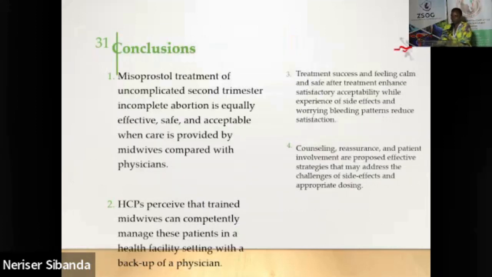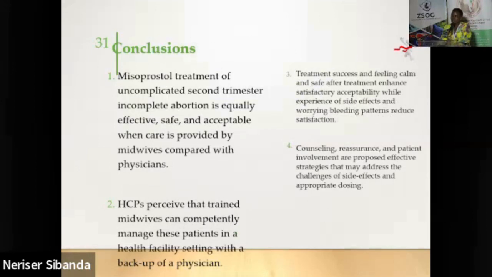In conclusion, misoprostol treatment of uncomplicated second trimester incomplete abortion is equally effective, safe, and acceptable when care is provided by midwives compared with physicians. The healthcare providers actually perceive that trained midwives can competently manage these patients in a health facility with a backup of a physician.